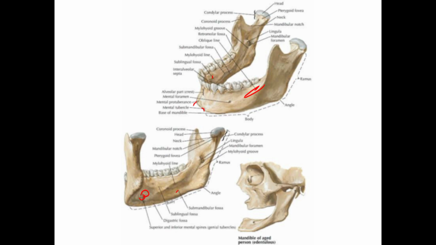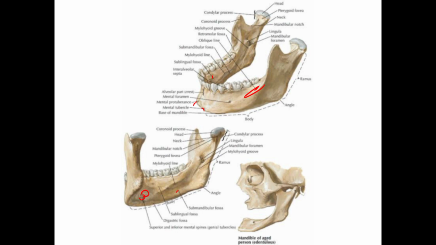Then mentalis originates from the incisive fossa. Then orbicularis oris also originates from the incisive fossa. Then temporalis is inserted on the coronoid process. Masseter is inserted on the outer surface of the ramus and angle of the mandible.